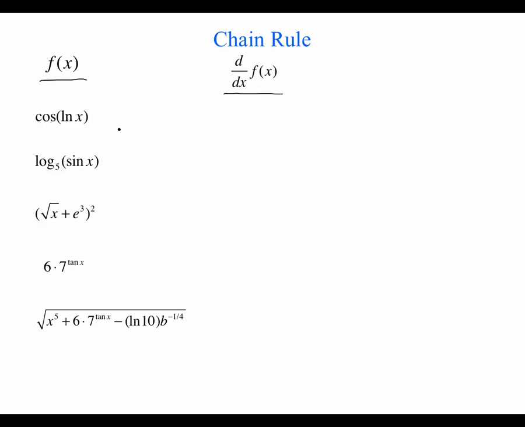So what's the rate of change of our exterior function? Okay, negative sine of what? With respect to the interior function. You leave it as it is. So remember, it's the rate of change of the exterior with respect to the interior, then times the rate of change of the interior function.